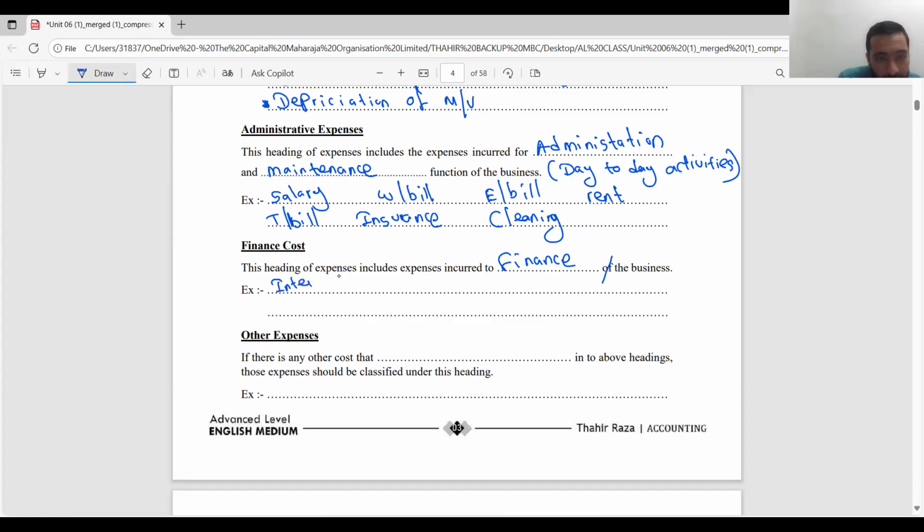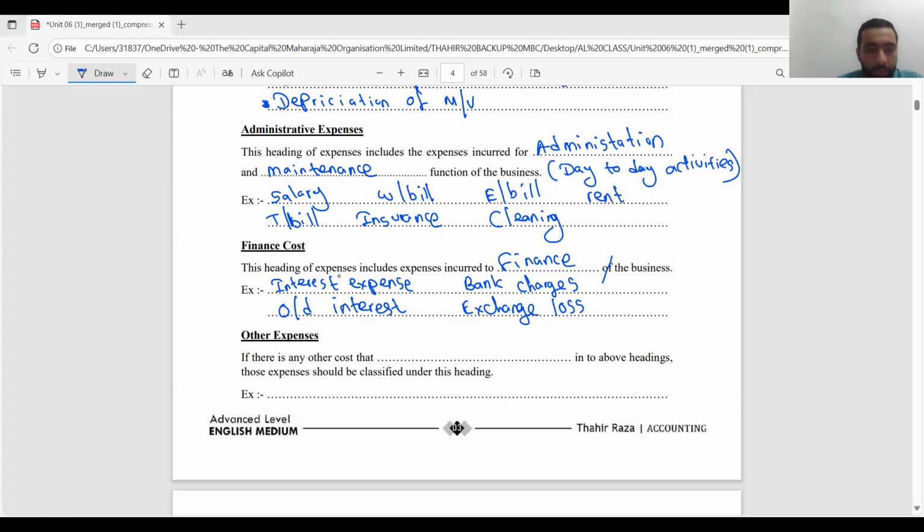You can say interest expense, bank charges, OD interest, overdraft interest. What else you can say? Exchange loss, right? So these things.